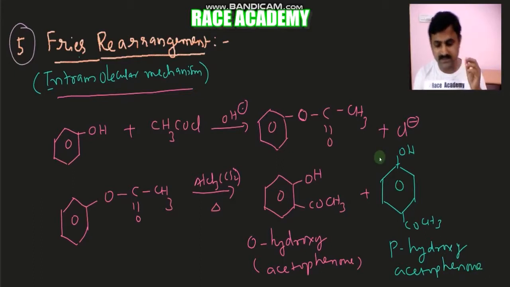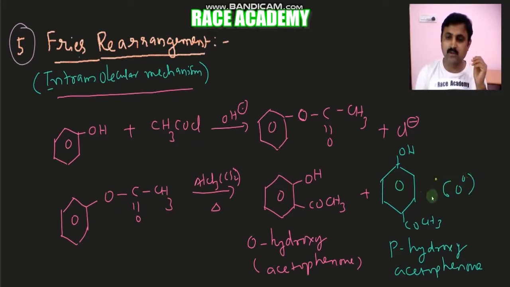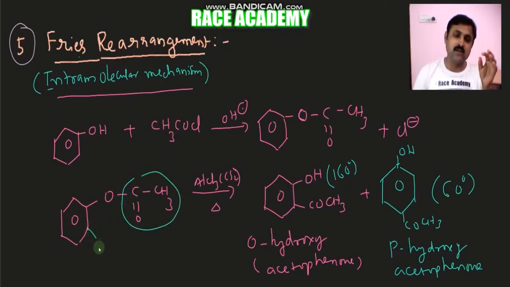Here what happens? At 60 degrees Celsius, the stable compound para-hydroxyacetophenone can be obtained. But at 160 degrees Celsius, a vigorous reaction takes place and forms ortho-hydroxyacetophenone. So what happened here? The COCH3 group undergoes a kind of rearrangement within the same molecule.